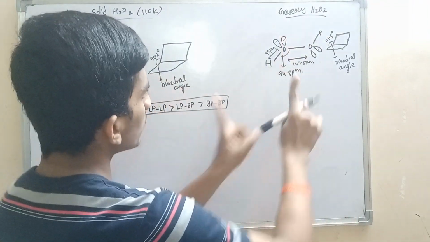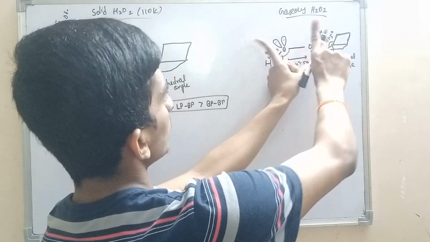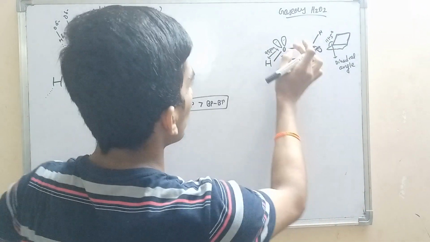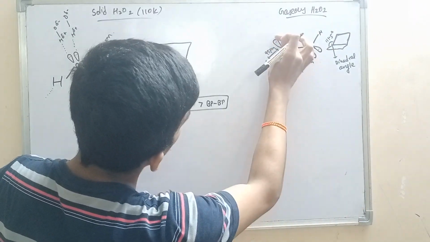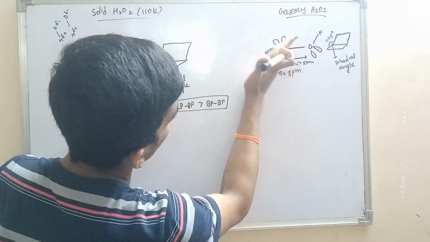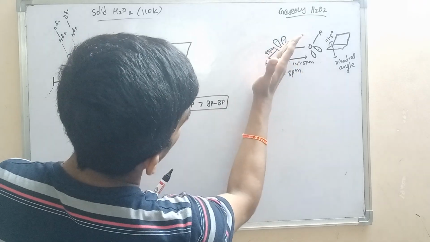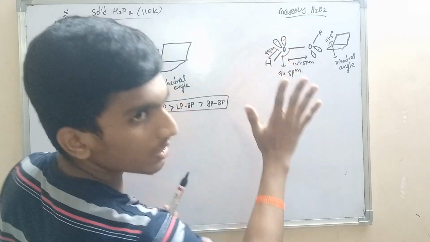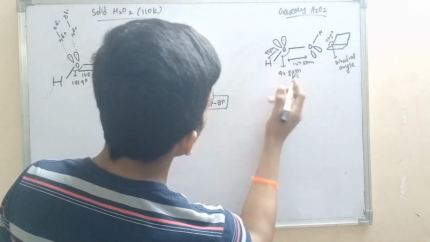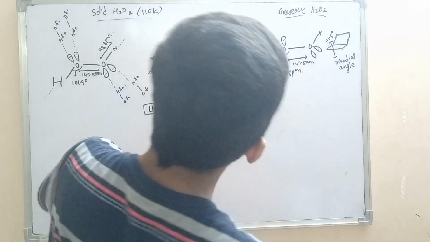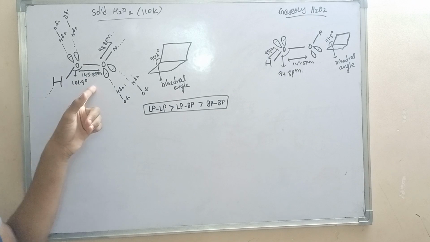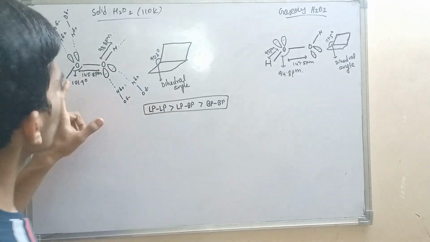They move like this, and here there is lone pair-bond pair repulsion. This hydrogen comes like this due to lone pair-bond pair repulsions. So here the bond angle decreased when compared to solid H2O2. You see this?